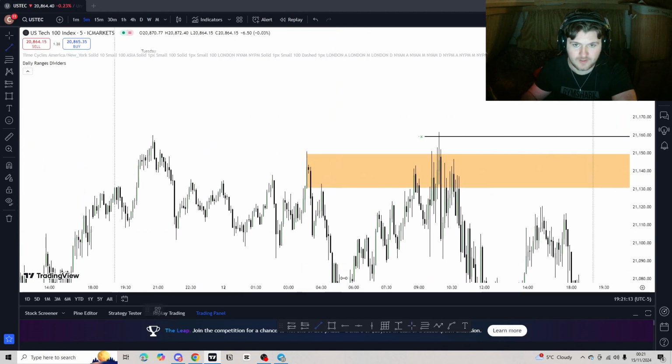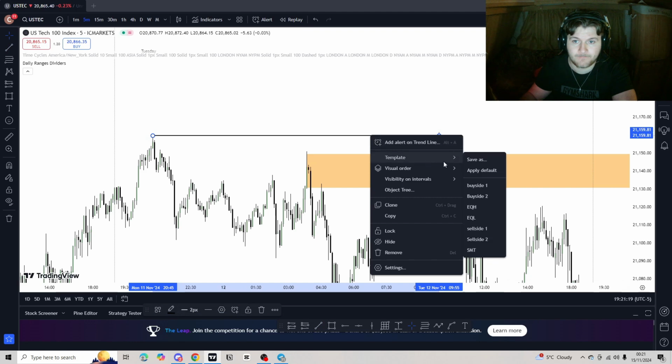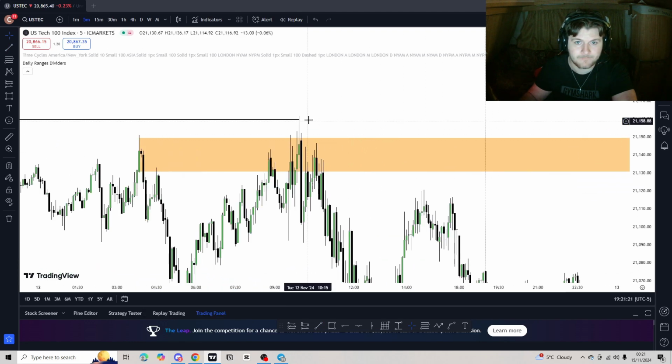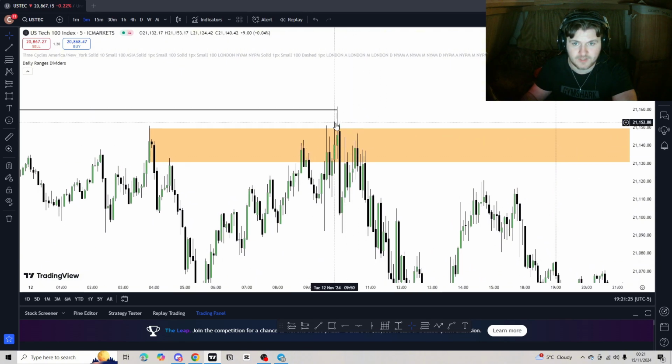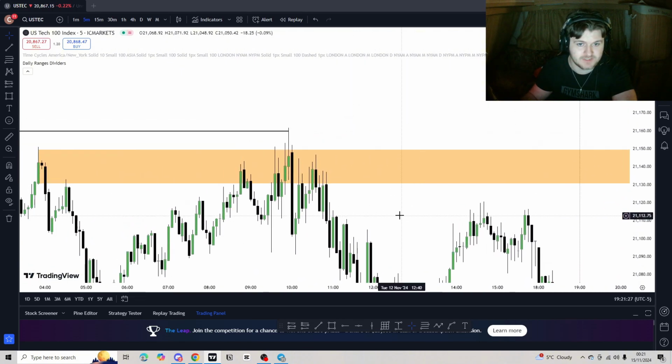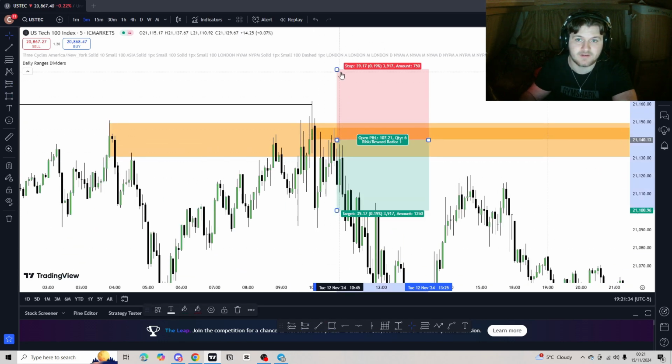Obviously, you would want to wait until this got swept first before entering. Knowing this got swept, you're more likely to come back down, and then obviously creates another order block here, which is eventually tapped into, enter here.